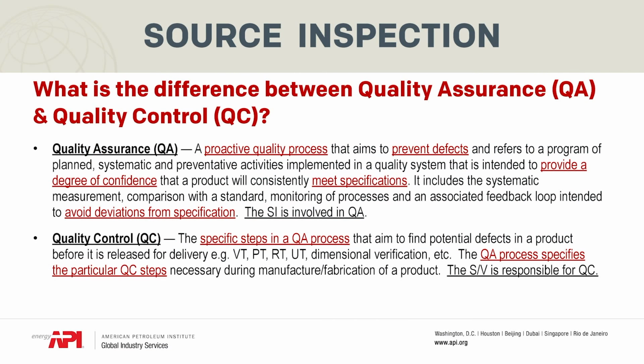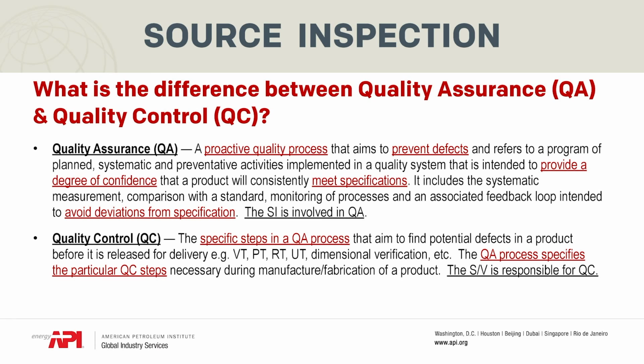Okay, it's important to understand the difference between quality assurance, QA, and quality control. First, quality assurance is a proactive quality process that aims to prevent defects and refers to a program of planned, systematic, and preventative activities implemented in a quality system that is intended to provide a degree of confidence that the product that's been ordered will consistently meet specifications that were laid out by the purchaser.